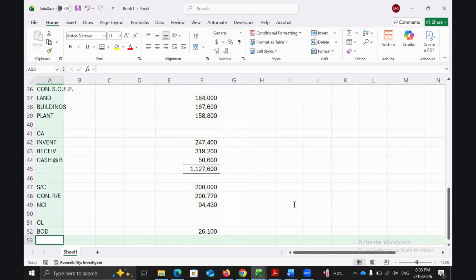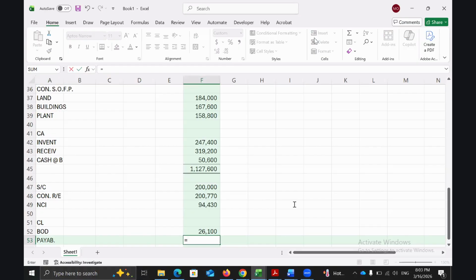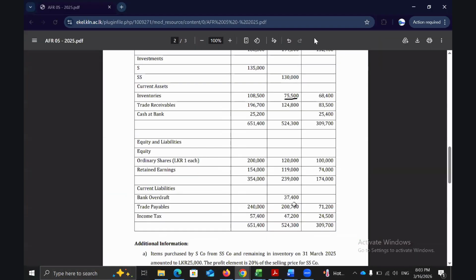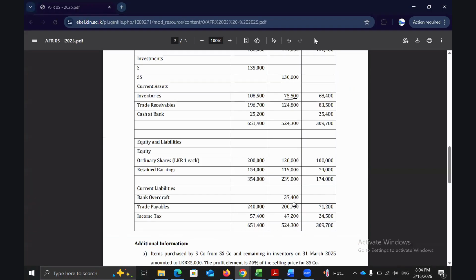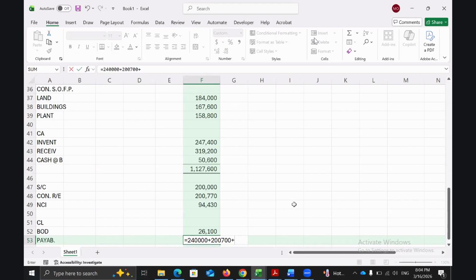Then we are having the trade payable. The payable balances, we are having 240 plus 207, 200,700 plus 71,200.